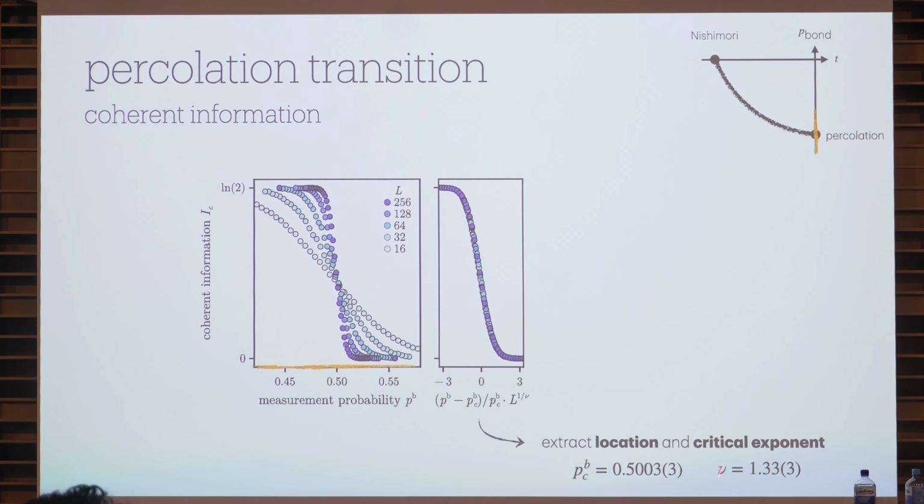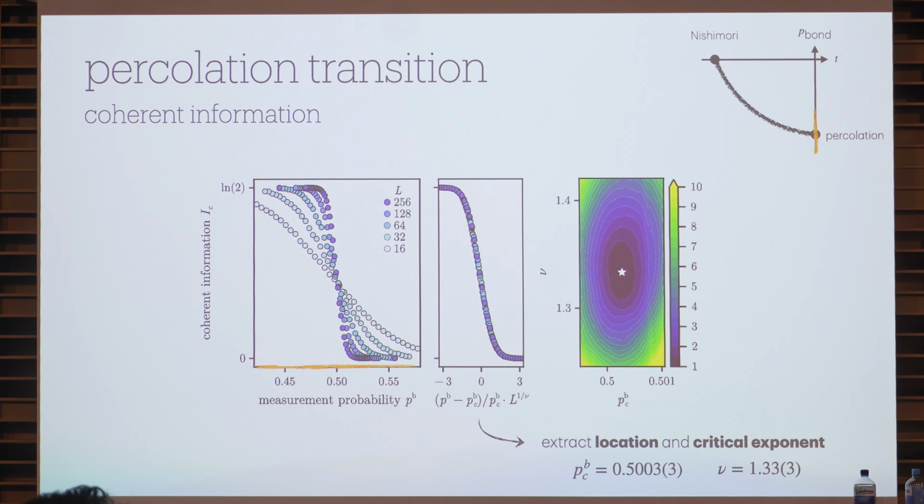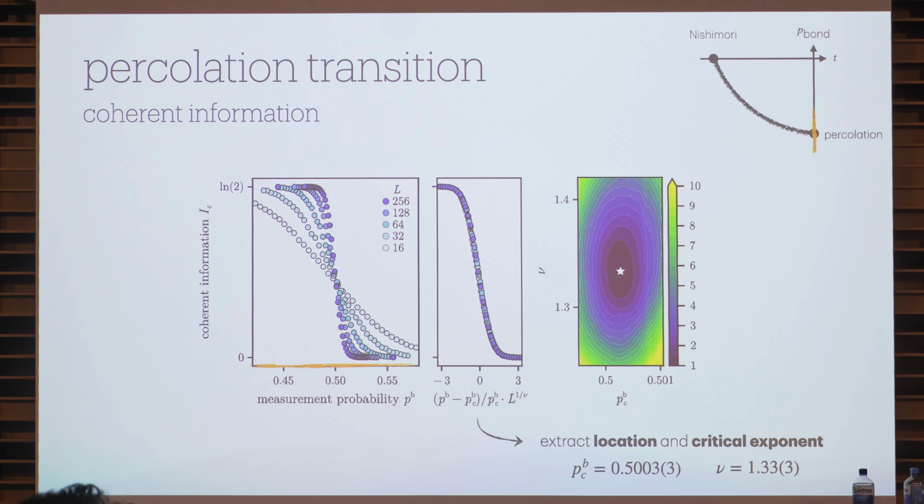And for both of them, we are very, very close or exactly on top of the analytically known values, which is for the transition 1/2 and then for the exponent 4/3. So we are, again, kind of satisfied with our results. And we can also do some residual landscape plot, which shows you how good this collapse is for what kind of parameter pairs.